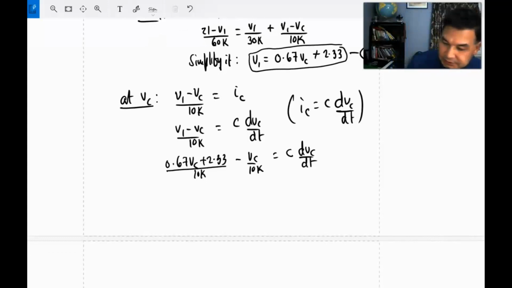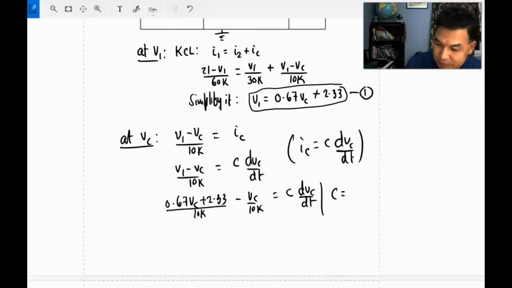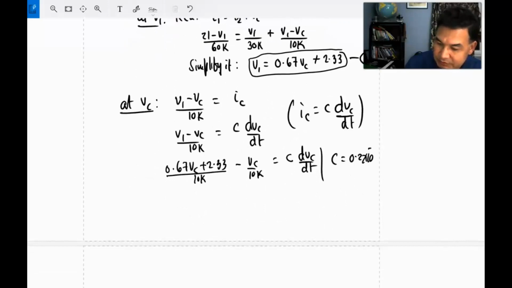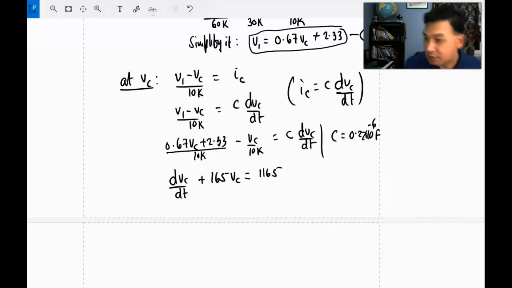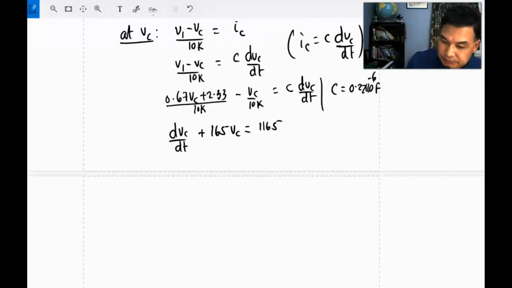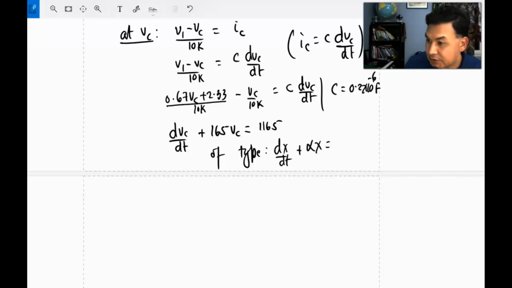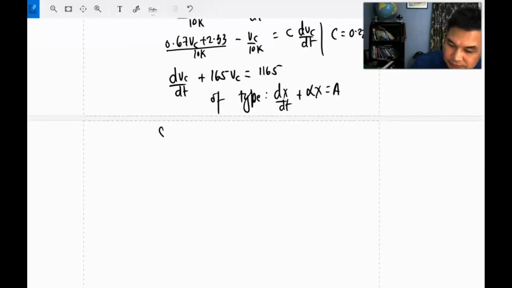After simplifying and putting in the value of the capacitance, because you are given 0.2 microfarad, which means 0.2 times 10 to the minus 6 farad, you will end up with a simple first order differential equation of this type, dx over dt plus alpha x equals a, and it has a solution of this type.